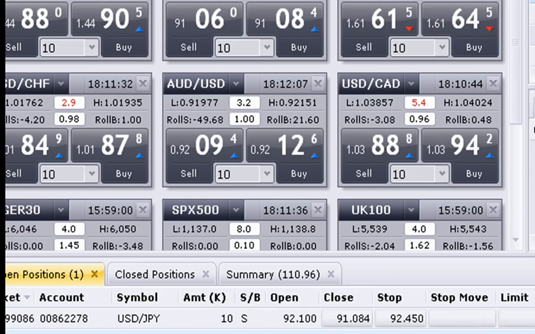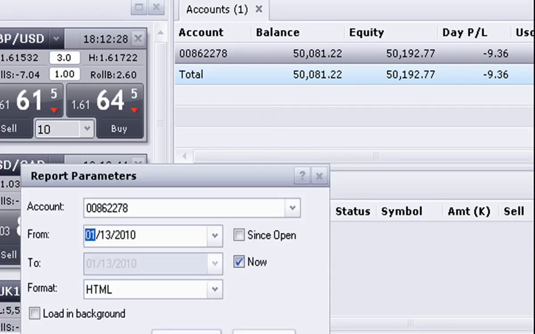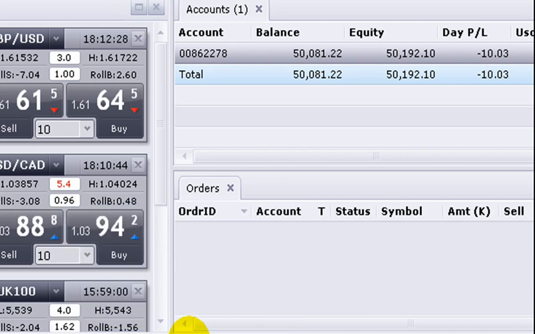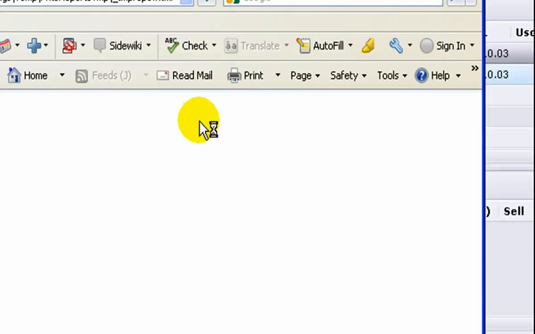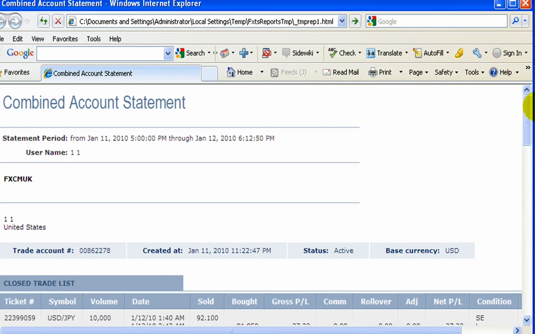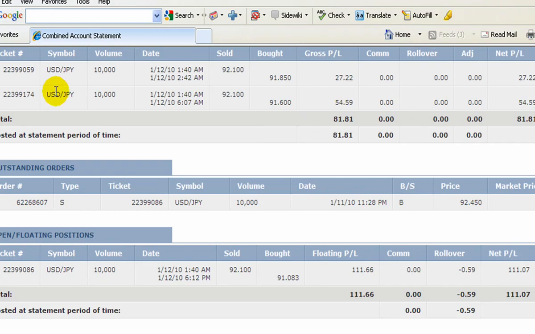Today I am over 180 pips in the plus. Let me run a report so that you can see what it shows. Basically these 3 trades have netted me over 181 pips. The way I did those trades, the idea is that I have left 1 trade open. I might move my stop to my entry point, and that way it would become a free trade for me going forward.